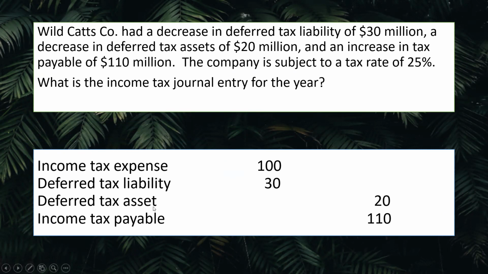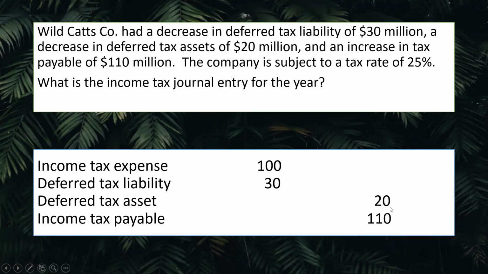It also gives us pretty much all the information we need. It tells us that the deferred tax liability of 30 million decreases. If it's a liability and it's decreasing, then we're going to debit that. The deferred tax asset also decreases. If it's an asset and it's decreasing, we're going to credit that. So really all we have to do is figure out the missing one, which is always going to be a debit to income tax expense.